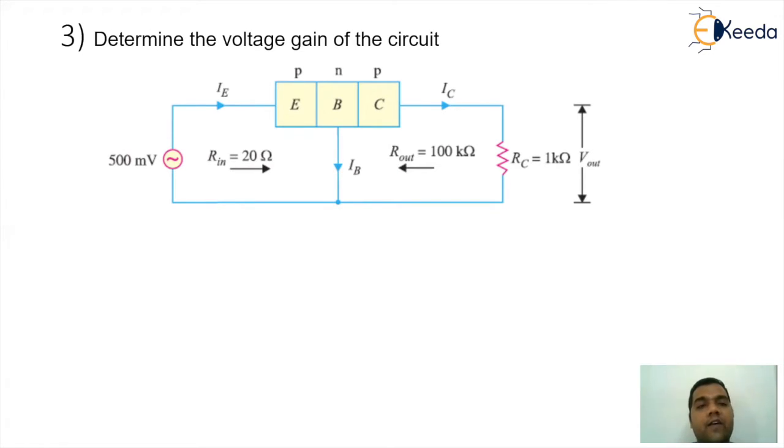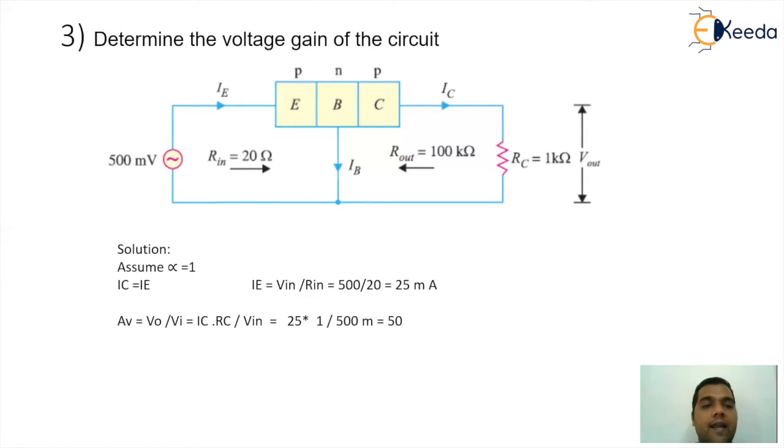IE is basically the input terminal current. I know the input resistance, which is around 20 ohm. So using this data, I can get IE as VIN by RE. The supplied voltage is 500 millivolt and the internal resistance is 20 ohm, so I take the ratio of voltage by resistance and get the current as 25 milliampere.